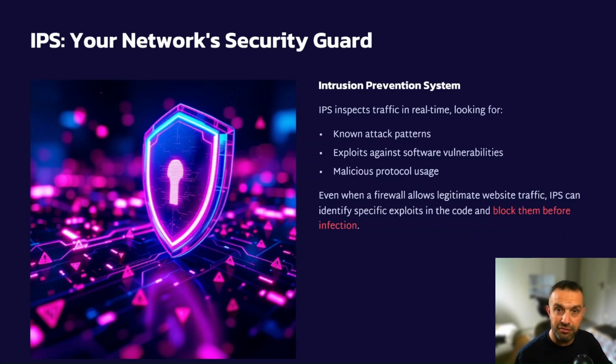For example, if a user visits a legitimate website that has been compromised to launch a drive-by download, the firewall might allow the traffic, but the IPS blade can identify a specific exploit in the code and block it before it infects the user's browser. It is a critical layer of defense against known threats.